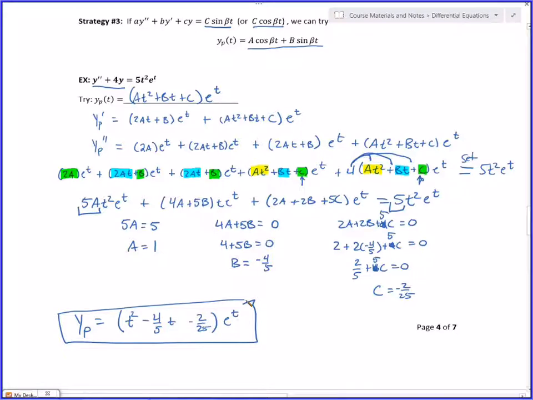Sorry about my midstream miscalculation from the 5c, but we got it corrected.